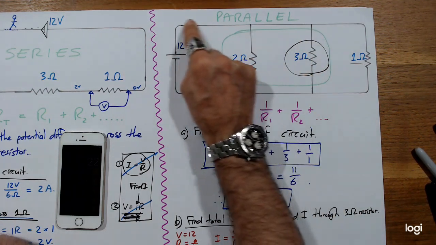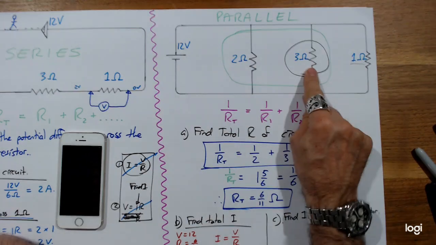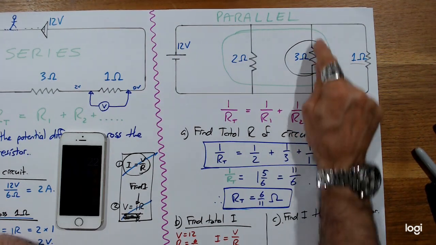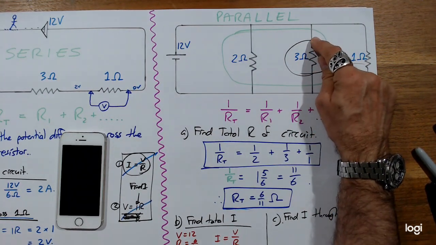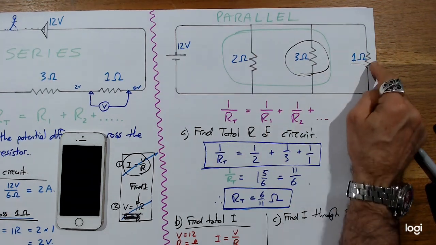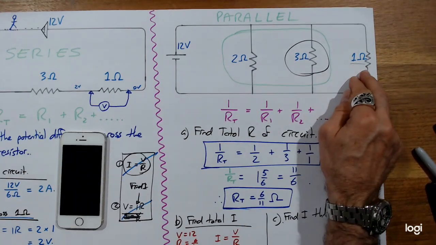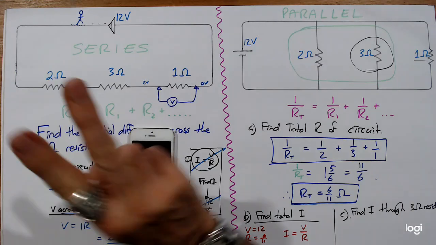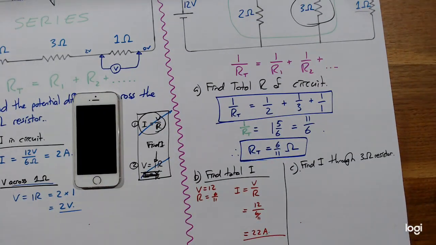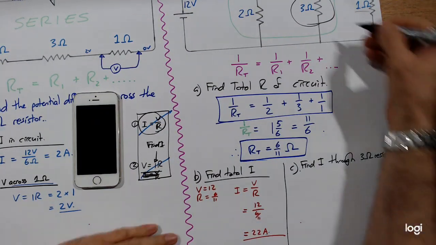So the only place they can lose their volts is there. So it's 12 volts from one side of there to the other. Right? Same with this one, same with this one. That's why light globes in parallel are bright and light globes in series are dim. We've done that before. Anyway, find the current through the 3 ohm resistor.